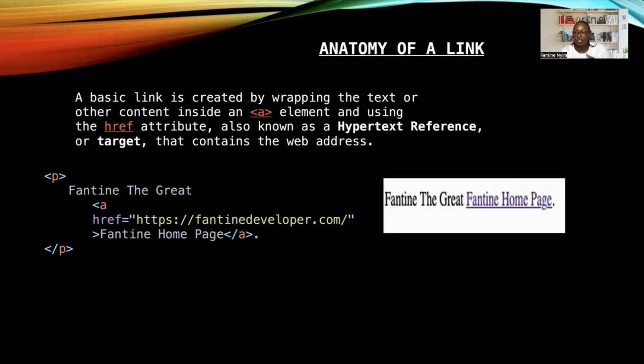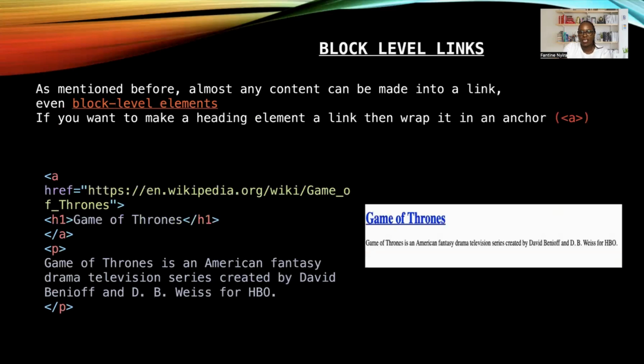When you click on it, it shows that it has been clicked, so it becomes a little bit purple. This is how it looks. That means I have clicked on it. That's why it looks purple. But when you create it at first, before you click it, it looks blue and underlined.